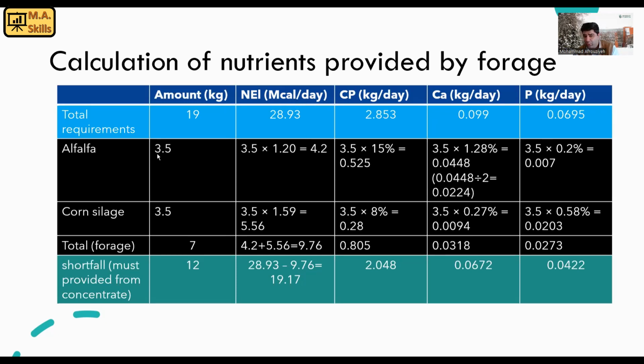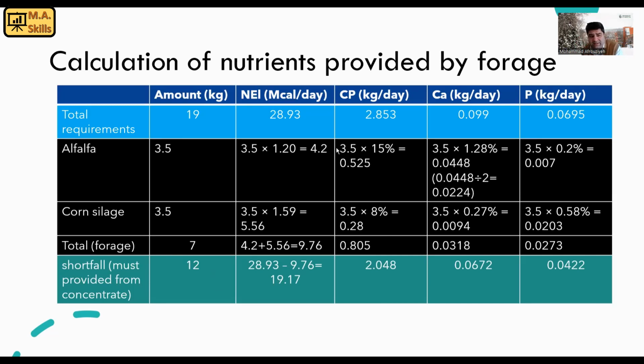Because 3.5 kilos is the amount of alfalfa per day. That's why this amount of forage is gonna provide 4.2 megacalorie per day energy for our cattle. So it is really important to pay close attention to the units, because then when we are formulating the concentrate, we're gonna convert the units. So please always pay attention to the units.